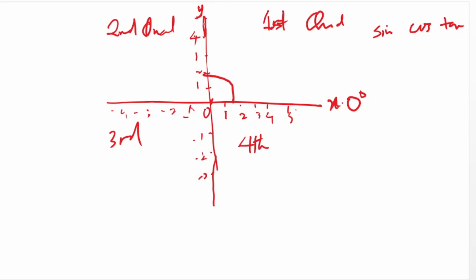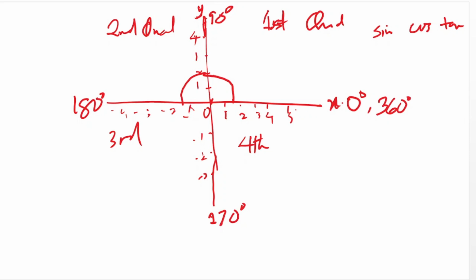At the top here will be 90 degrees. Then when you move down, this will be 180 degrees, and here will be 270 degrees, while this will be 360 degrees.